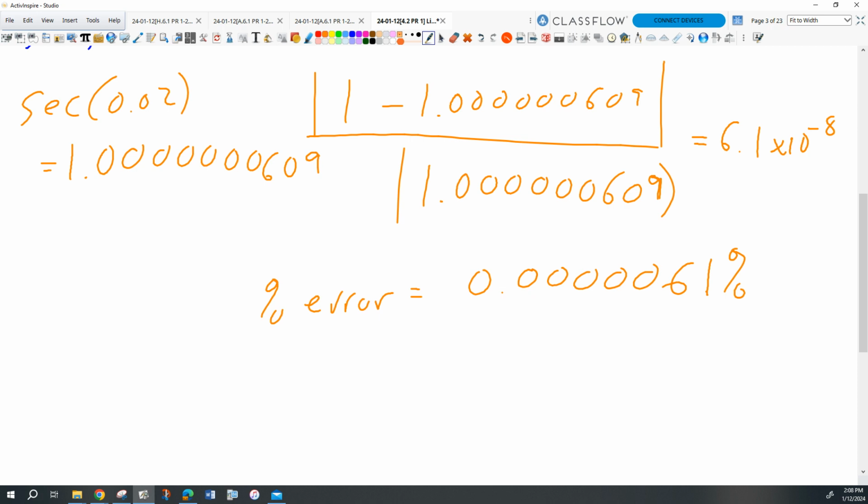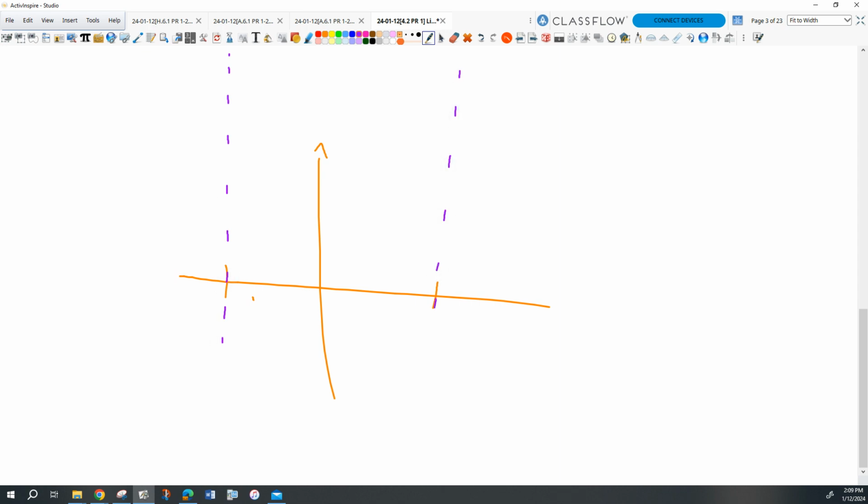Not bad. Okay. That works pretty well because think about that. If we think about the graph of this, we were at 0, right? Secant of 0, here's what our secant function looks like. This is out at pi halves and negative pi halves.